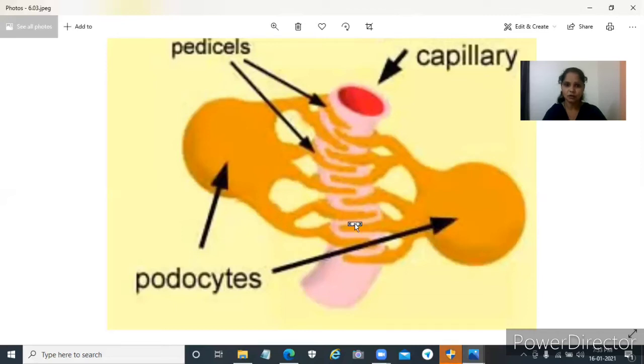So all these kinds of podocytes present in the visceral layer act as filtration slits. Means there are slits present. Slits means a mesh-like part. Between these adjacent cells there is a mesh-like part with the help of which the filtrate will enter the capsular space. So this is about a podocyte cell.